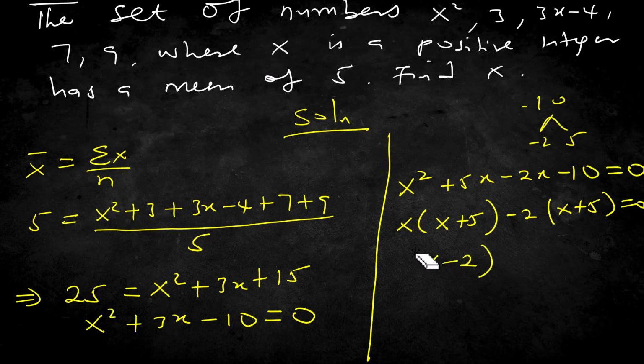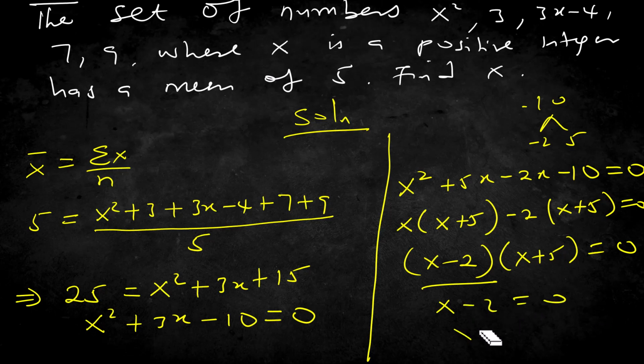So x minus 2, x plus 5 equals 0. Equating this one to 0, x is 2. Equating the other to 0, x gives you minus 5. Remember, x is positive. So we conclude that x equals 2.